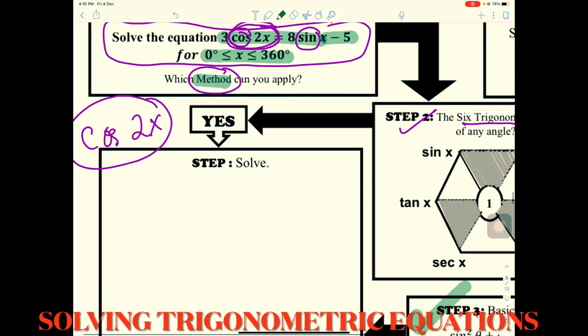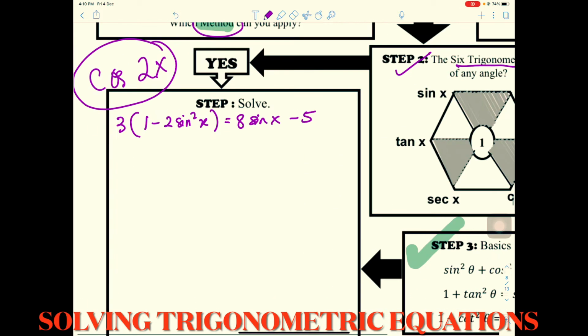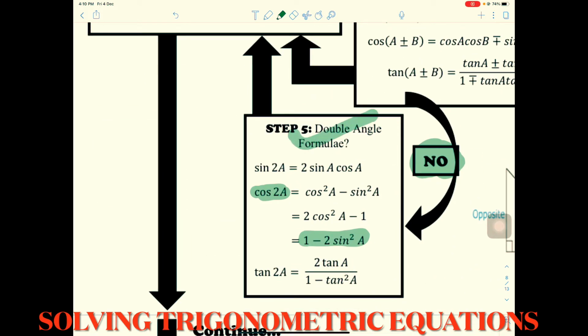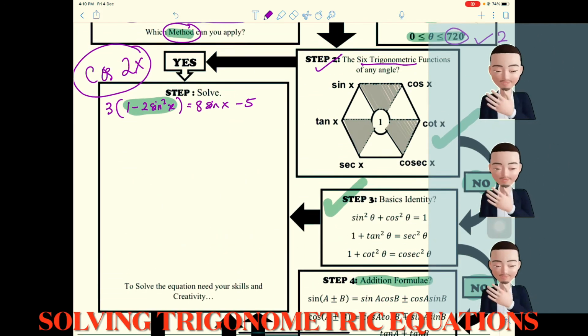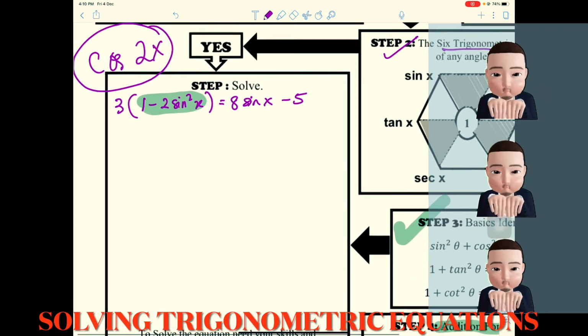So substitute: 3 times cos 2x with 1 minus 2 sine squared x equals 8 sine x minus 5. How do I get this function? It is from the double angle formula. You must be wise about which one to use, because there are three cos 2A formulas to choose from, just like I mentioned before this video.